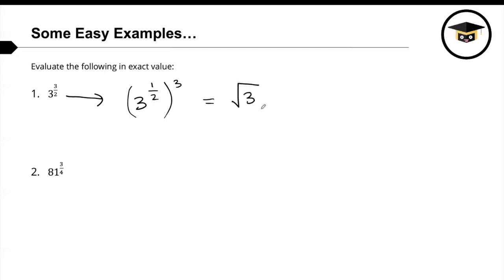So the square root of 3, to the power of 3. Now that is the final answer. Just another side note though, is that this is actually the same as just doing the square root of 3 cubed, which is the square root of 27. So just note that when we're cubing, or when we're really powering a root of anything, that number can actually go inside and it will still work.